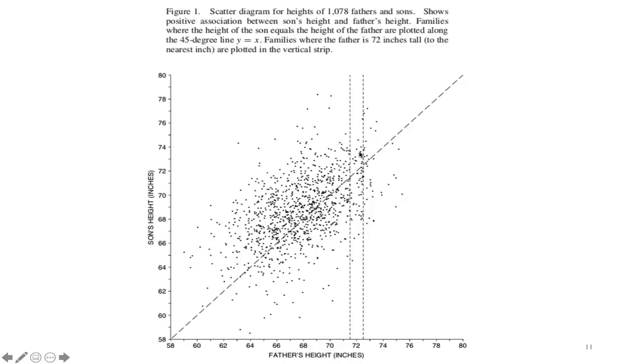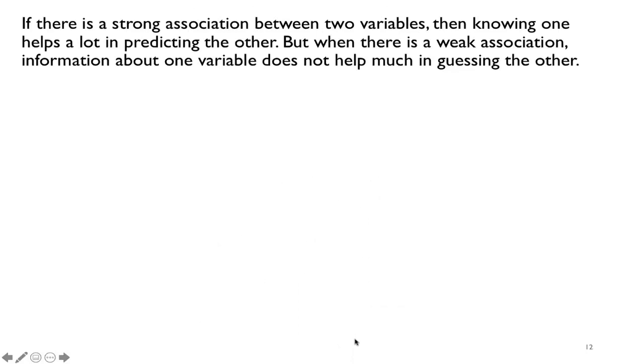If we look at only the fathers whose height is 72, notice the sons have varying heights. Some of the sons are shorter, some of the sons are much taller, and so there's some spread in the vertical direction, even if we fix the height of the father. That's something we want to look at later.